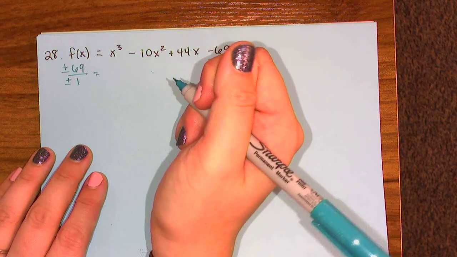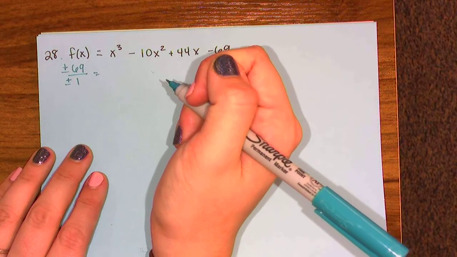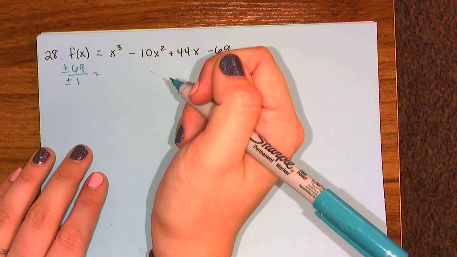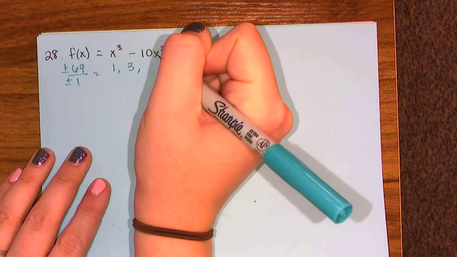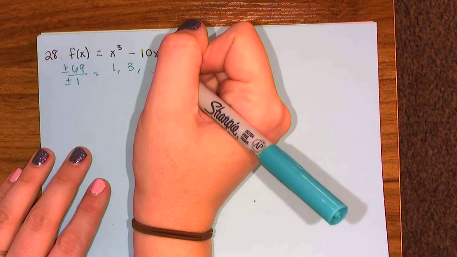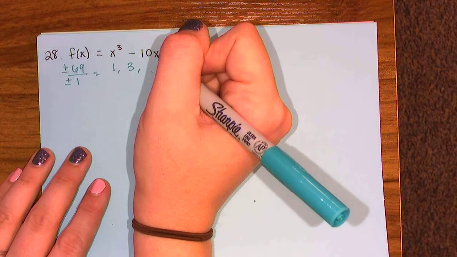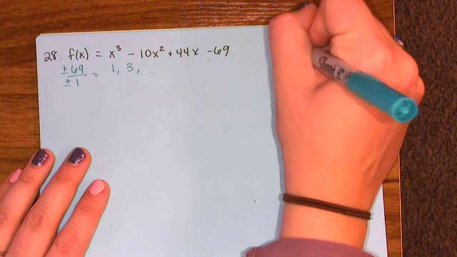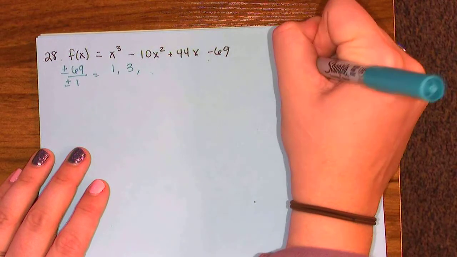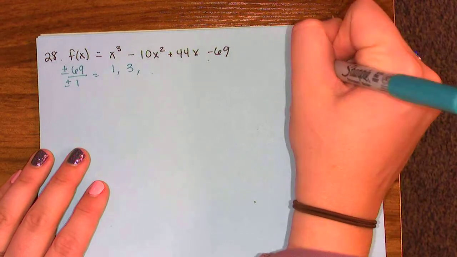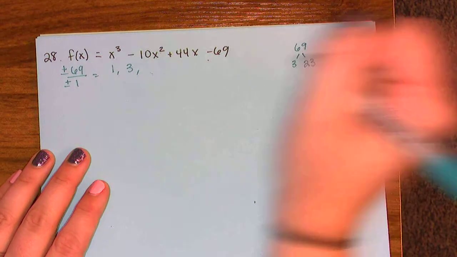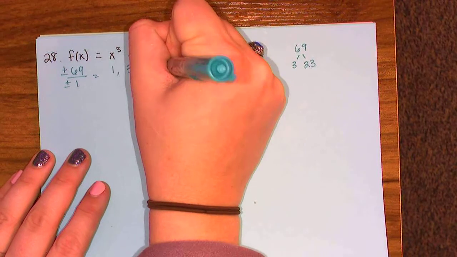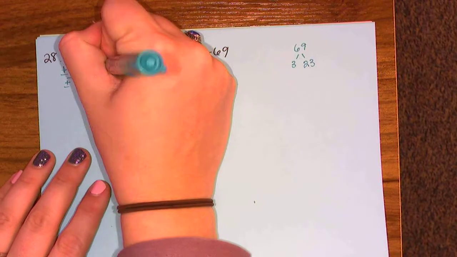So what are factors of 69? Let's look at this. What does 3 go with? Can 23 come down anymore? Nope, so I just grab 23, and 69. Okay, and all of these are plus or minus.